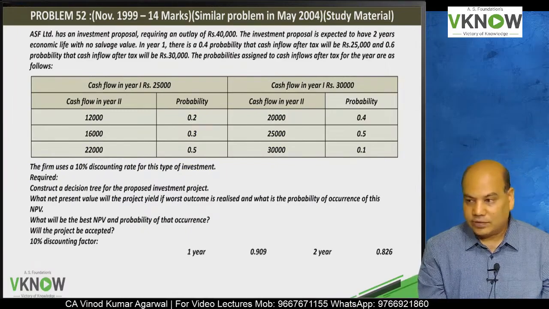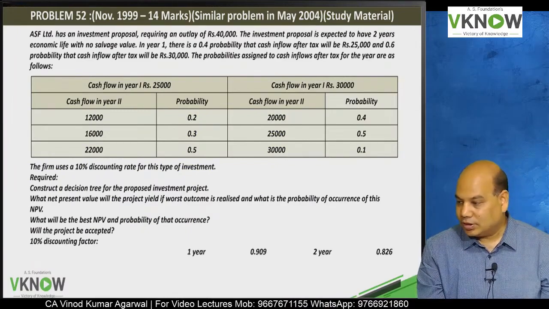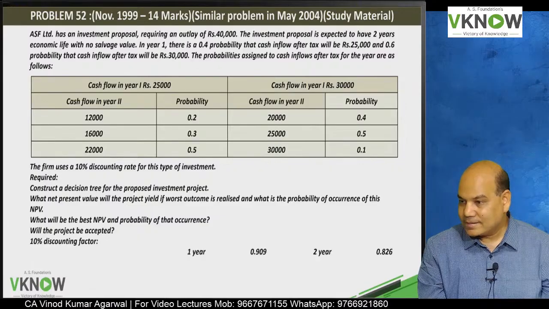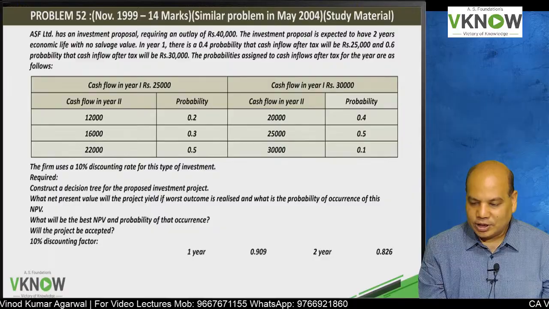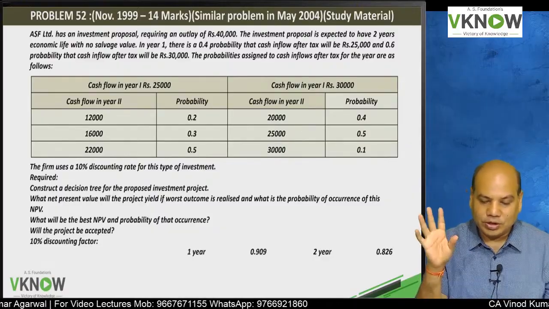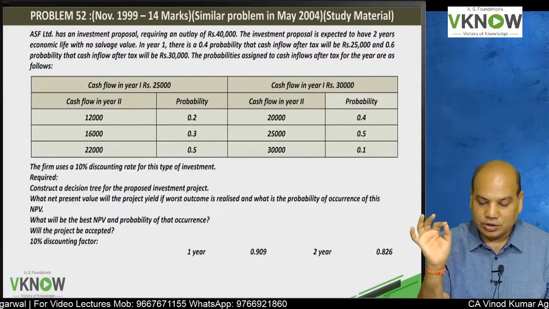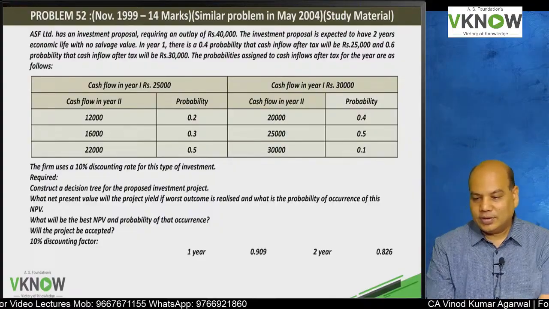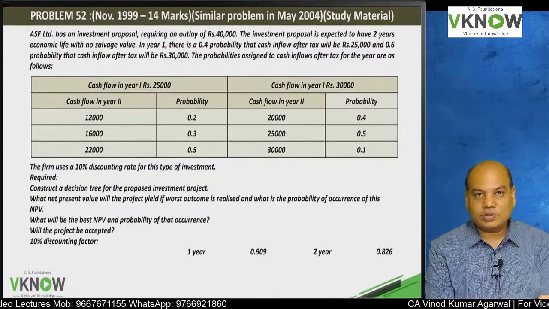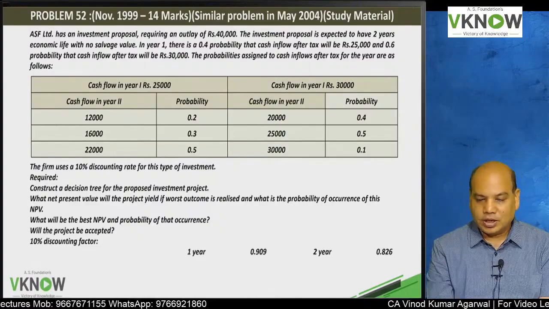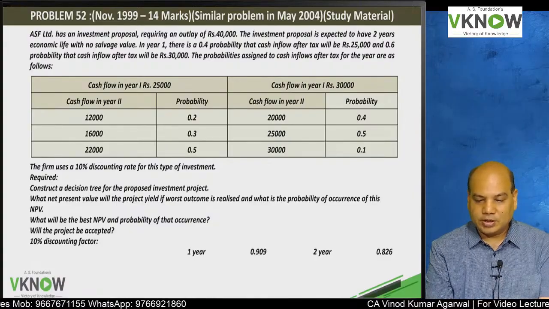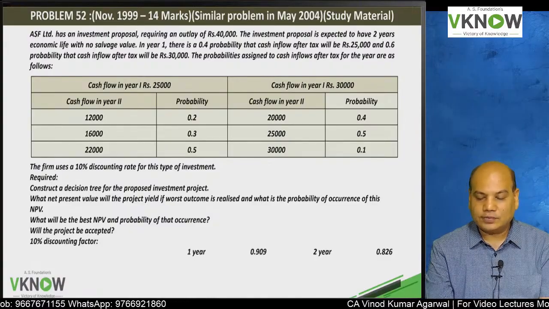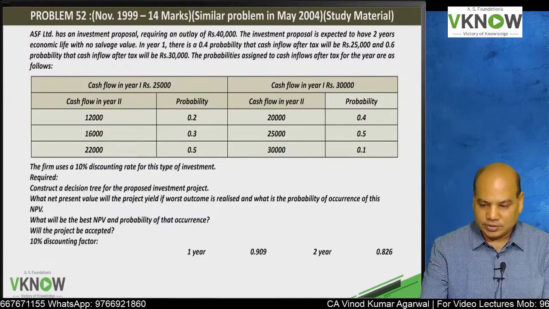The SF Limited has an investment proposal requiring an outlay of rupees 40,000. The investment proposal is expected to have only a 2 year economic life and 0 salvage value. In year 1, there is a 0.4 probability that cash flow after tax will be 25,000 and a 0.6 probability that cash inflow after tax will be rupees 30,000.